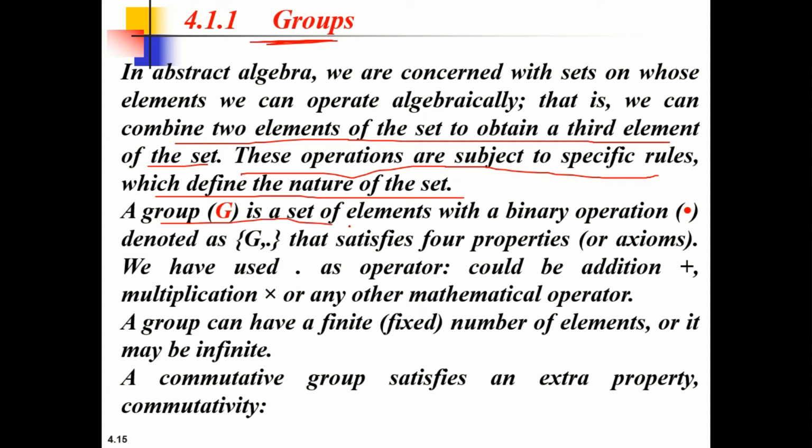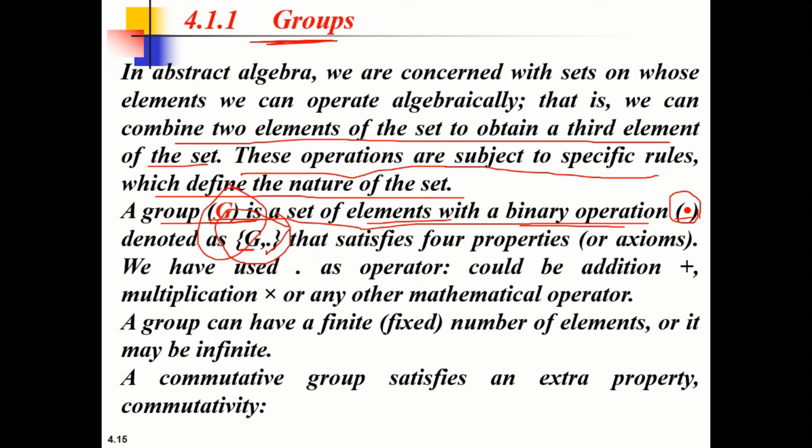A group is a set of elements with a binary operation, which we represent with a dot. The group name and the set of operations, we represent it like this. This is the name of the group and this is the set of operations which can be applied on this group.